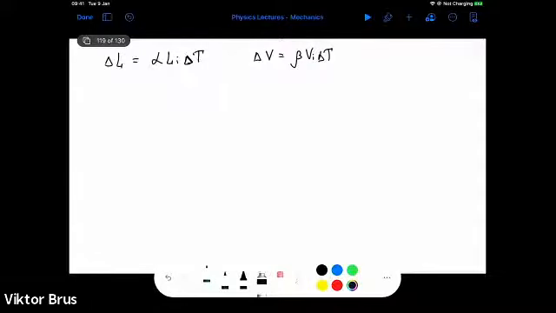So now let us try to figure out the relationship between these two coefficients, alpha and beta.